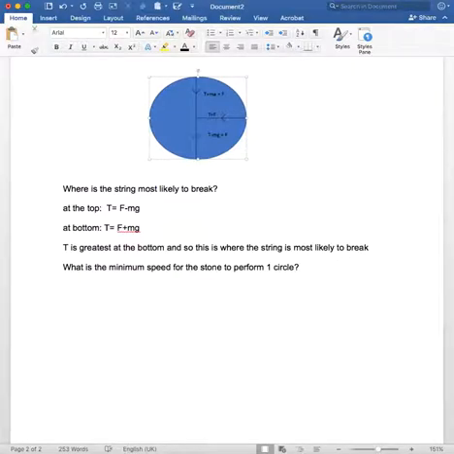So, what is the minimum speed for the stone to perform one circle?